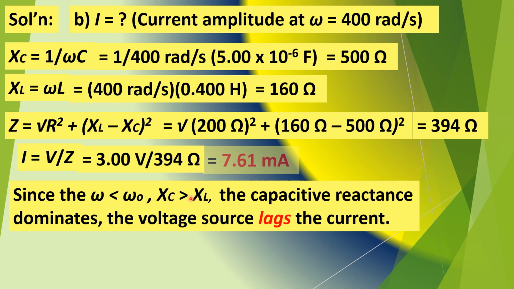And that means the capacitive reactance, capital X sub C, is also greater than the inductive reactance, capital X sub L. We say that the voltage source indeed lags the current.